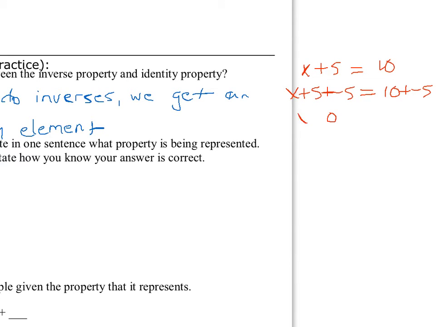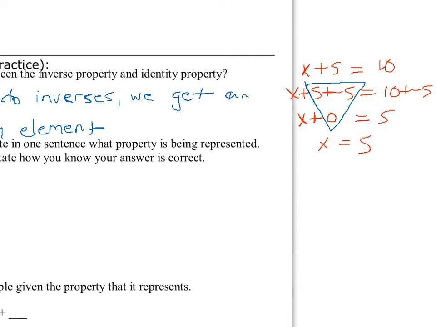So here we can see in our work we have an additive inverse that led to the additive identity, the plus 0. Our next step is to go, oh, x plus 0, additive identity, that's not going to change it, that's x. And that's how we solve equations. So we use these properties all of the time. We just need to be able to describe them and know why we use them.